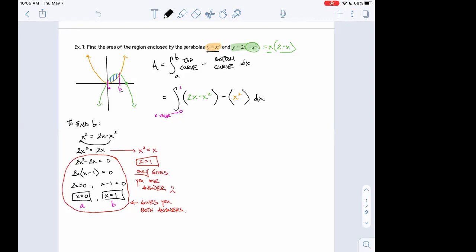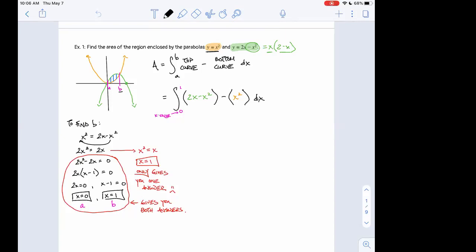Okay, gotcha. Cool. All right, so on an exam, I'm definitely looking for the setup. I want to know, do you have a diagram that supports your work? Do you know which one's the top curve and which one's the bottom curve? And does that match your diagram?